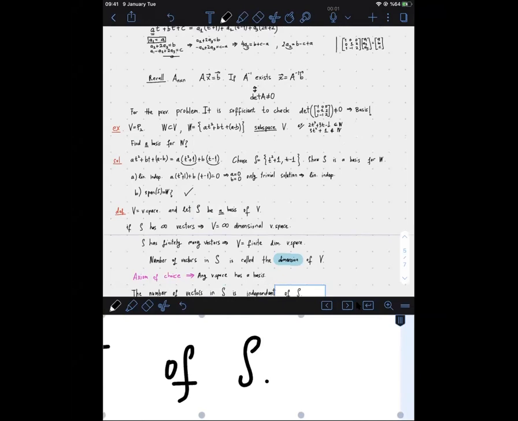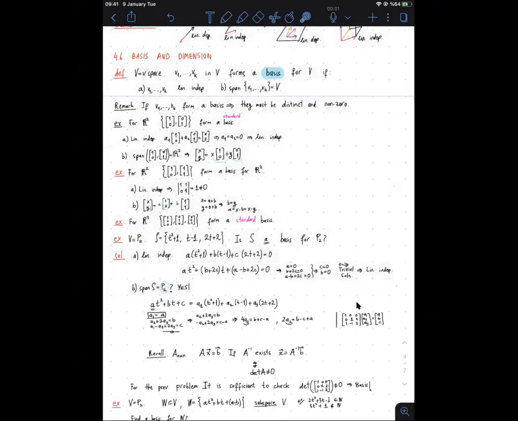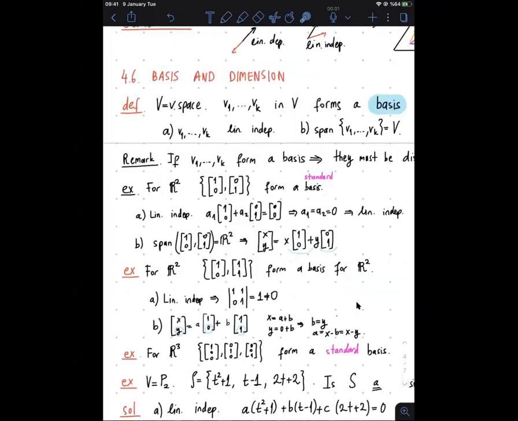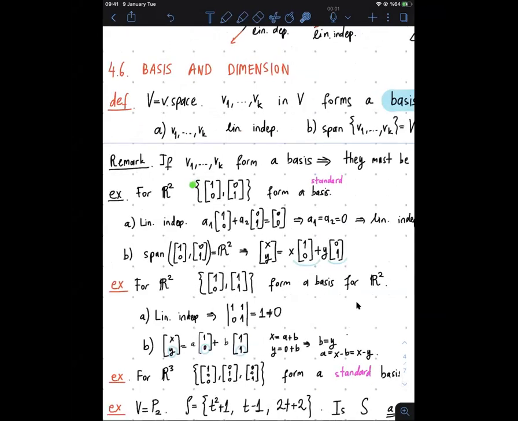So what do I mean by the second thing? Let's go back to the first example. We discussed that this is a set of basis vectors. It has two vectors, so the dimension of this space is 2. Later we gave another set of basis vectors, and it still has two vectors in it.